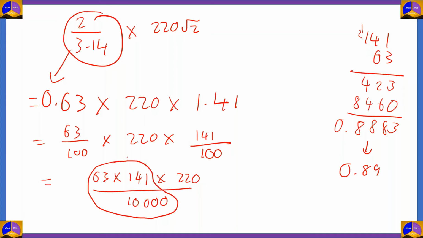So all of these quantities will now culminate into 0.89. And then we have the voltage, 220. So here we have more multiplication.